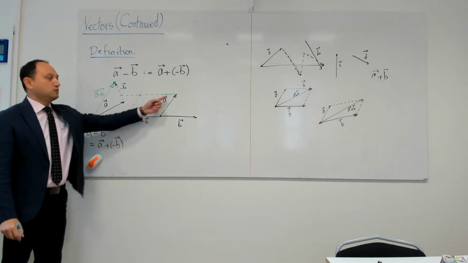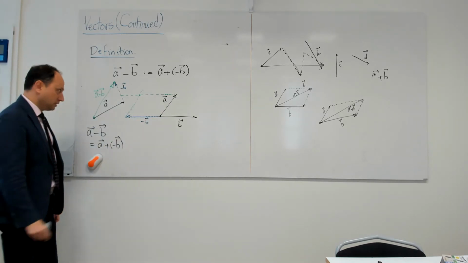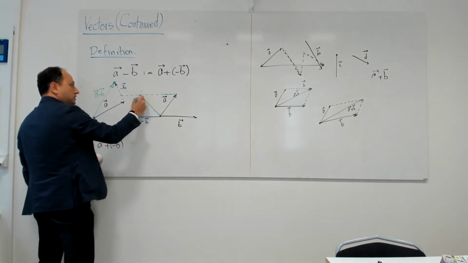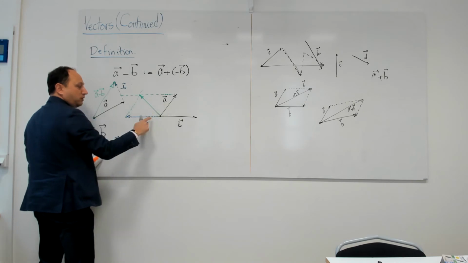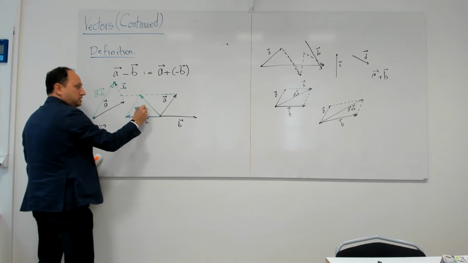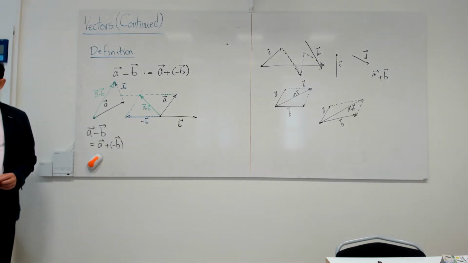This one or that one? The first one or the second one? Yes, from the initial point to this one, according to that rule. So this becomes the sum. This green one is the sum of the black one and the blue one. But because the blue one is minus B, this is nothing except A minus B. Yes? Is that understandable?